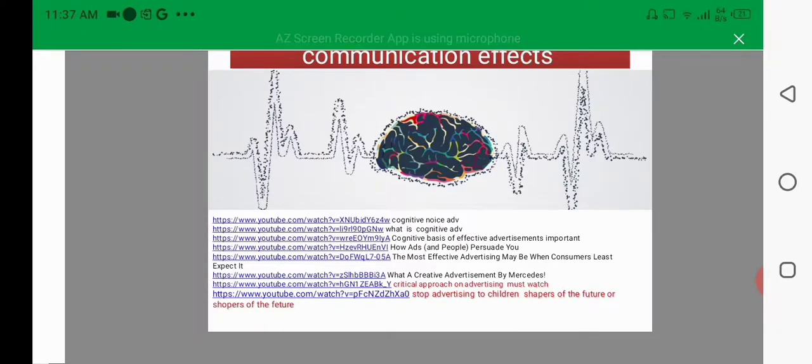So it is very important to understand all these theories and models, and how advertising or integrated marketing communication works. What is the creative advertising by Mercedes, and what does it mean? Secondly, the last two advertisements which I gave take a critical approach to advertising. You must watch this.